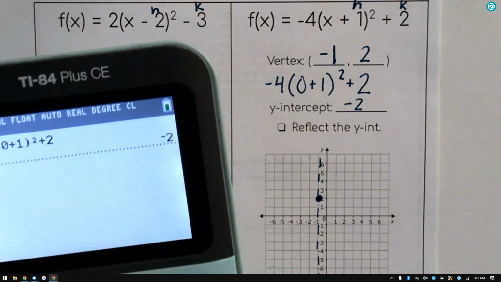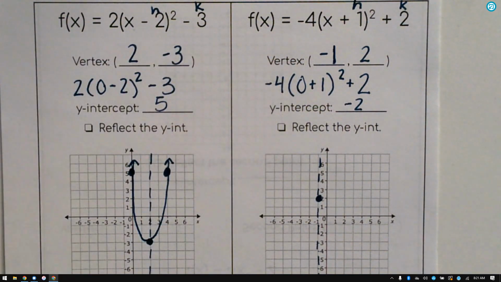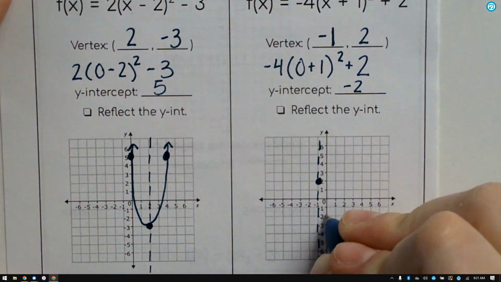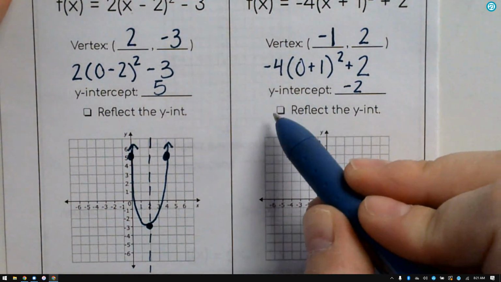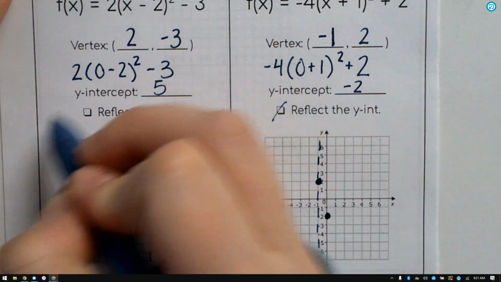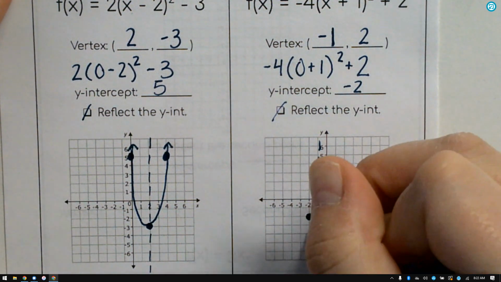I just plugged it in a calculator. Okay, so then we can graph it. So we're going to graph a y-intercept at -2 down here. I put this as a reminder to you of what your last thing you need to do is. You need to reflect your y-intercept. So that y-intercept is 1 to the right of my dashed line, so I need a graph point 1 to the left. Remember, this one's going to open down. So we'll connect this.